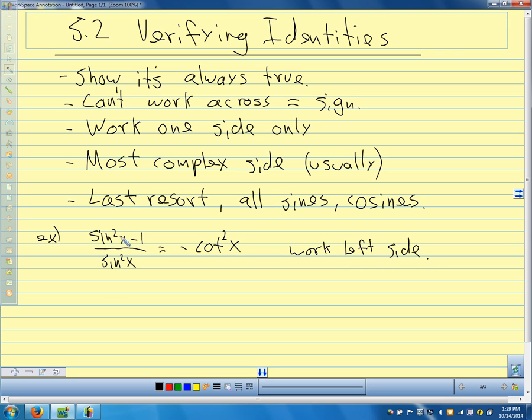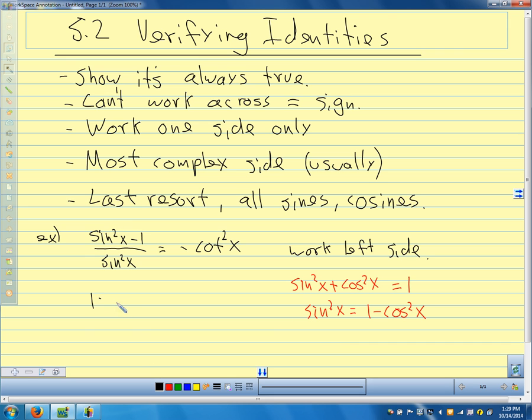Sine squared x minus 1. What is that? Do we know an identity for that? No, but we do know that sine squared x plus cosine squared x equals 1. So sine squared x equals 1 minus cosine squared x. Let's substitute it in here for sine squared x.